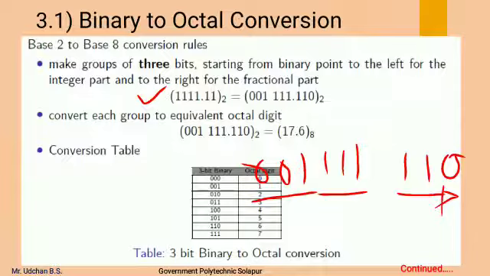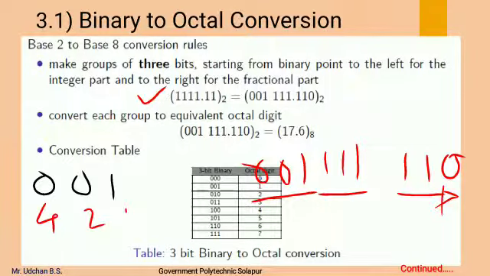After that, we have to convert each group into the octal number by using the formula 4, 2, 1. Now our first group is what? 001. So write down the positional weights for that, that is 4, 2, 1.